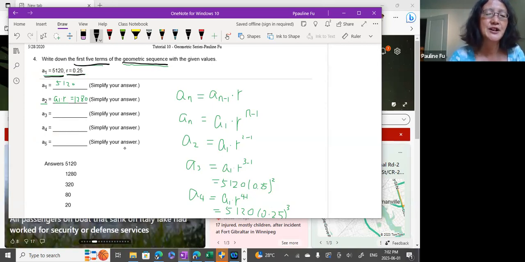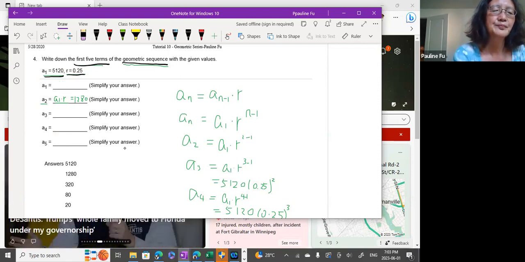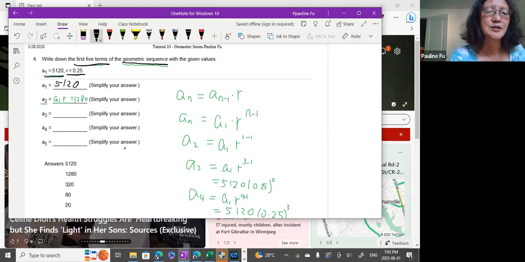The question asks you what is A1? A1 is given, it's 5120. So what is A2?